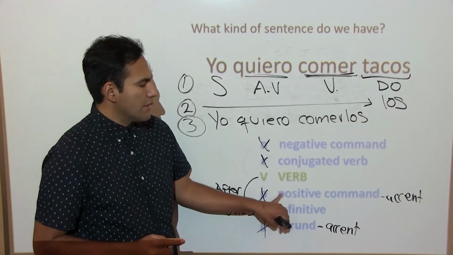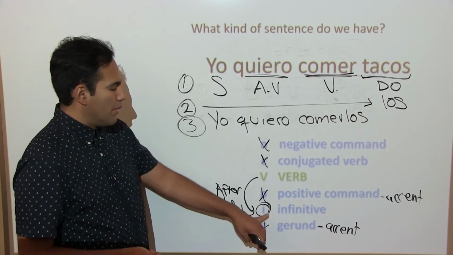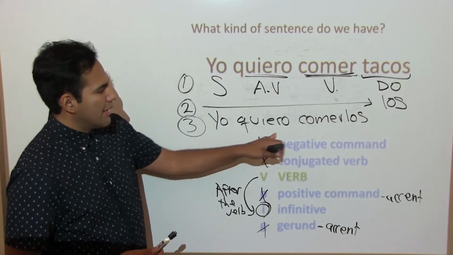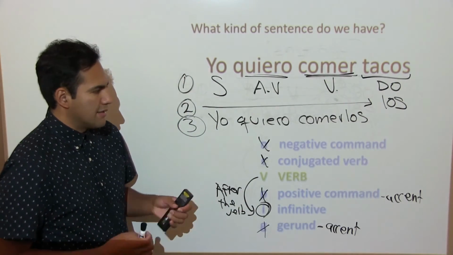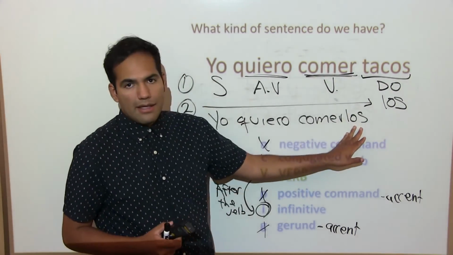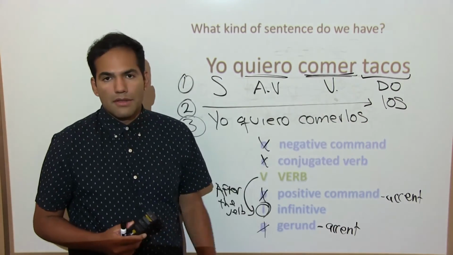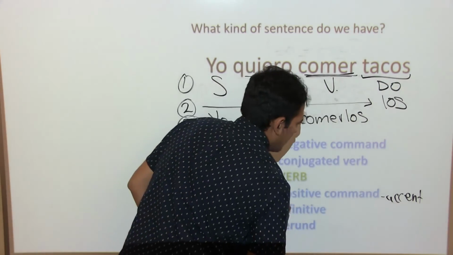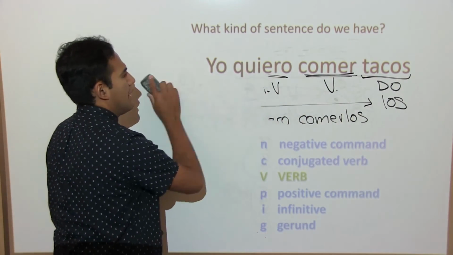So those are going to require for you to add an accent, but when it's an infinitive, you don't need to add an accent, even though you added that extra syllable over there. So that's pretty much what NCB pig stands for.